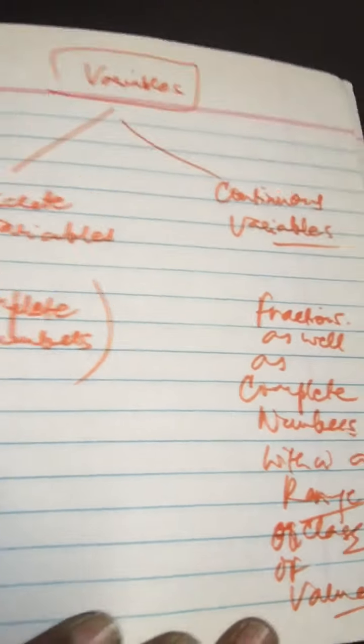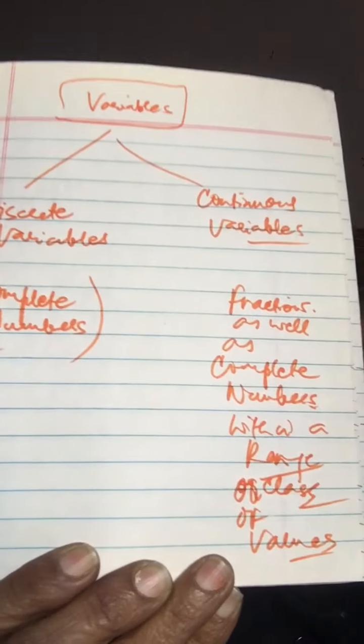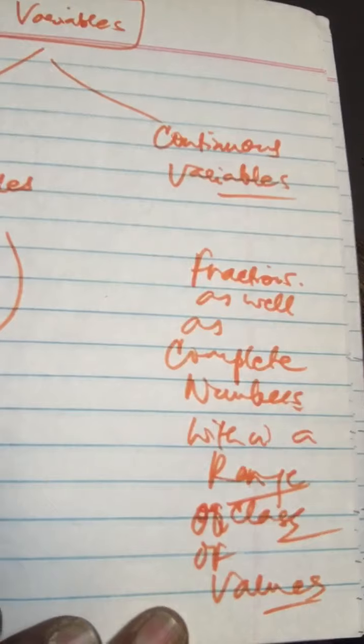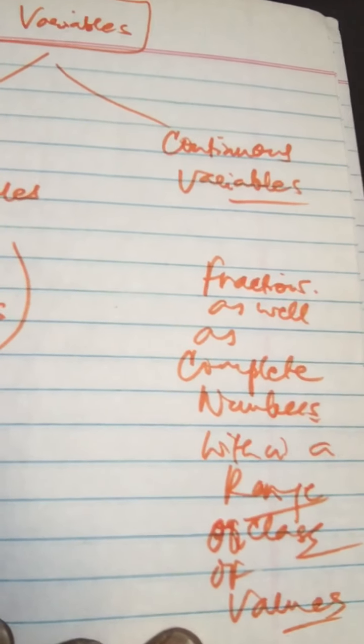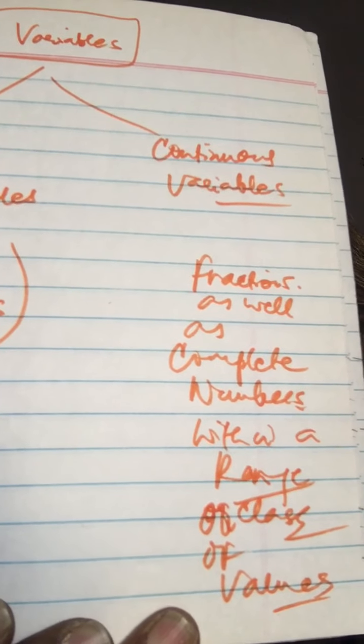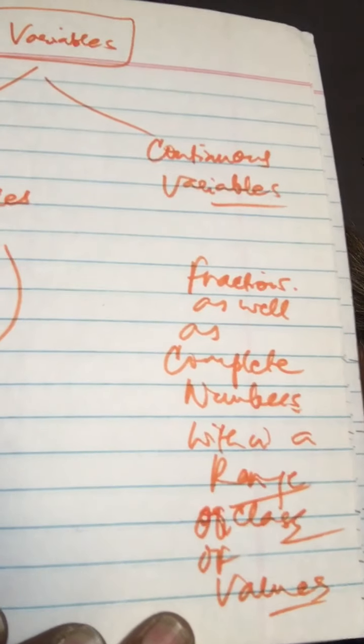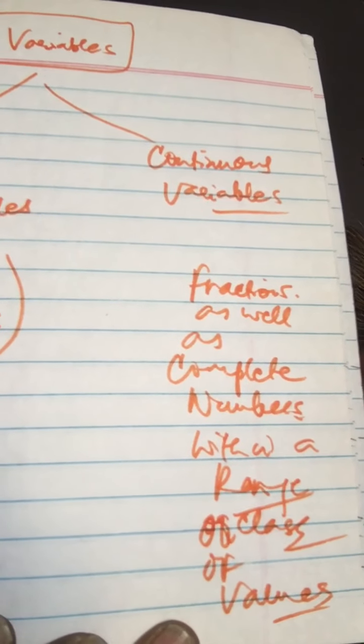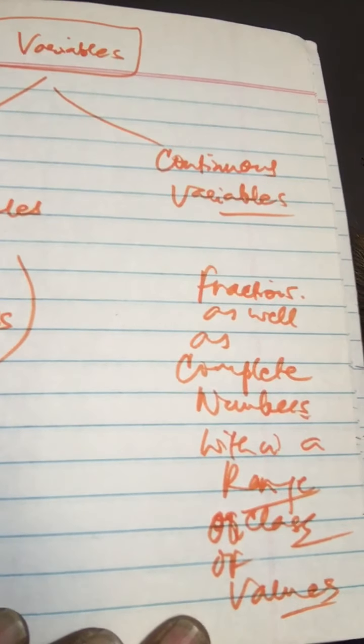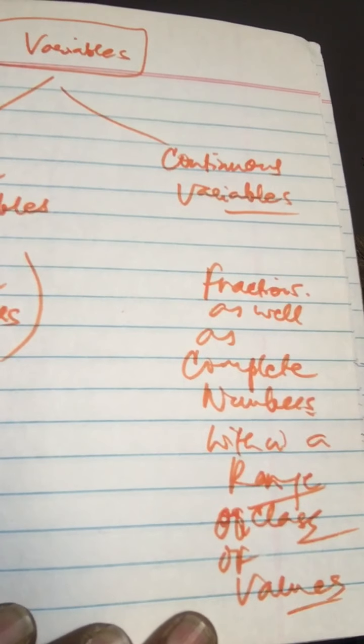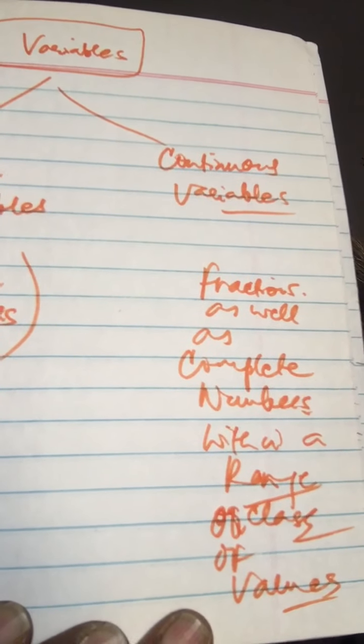Now let's come to continuous. What is a continuous variable? The variable which can take any value, integral or fractional, within its range of variations is called a continuous variable.